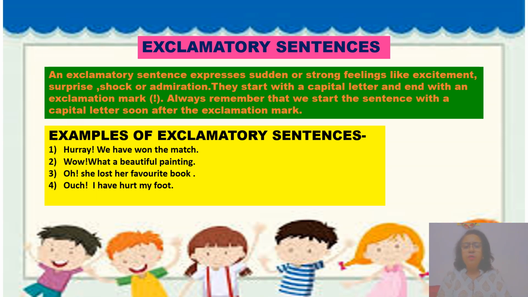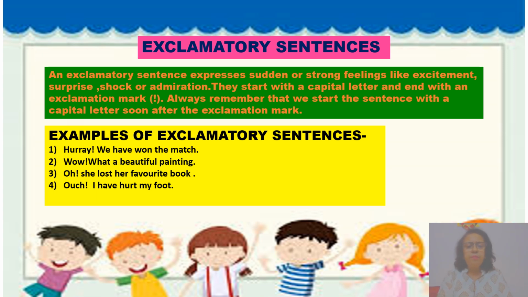They start with a capital letter and end with an exclamation mark. But children, you must always remember that once you have inserted the exclamation mark, if you want to continue your sentence after that, you need to again start writing with a capital letter and end your sentence with a full stop.